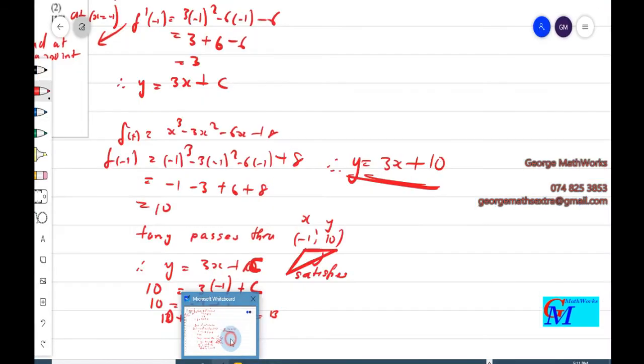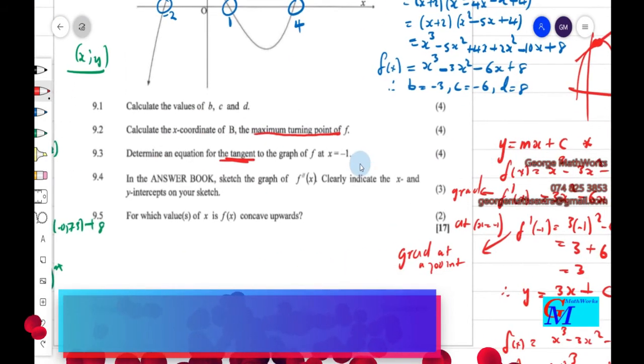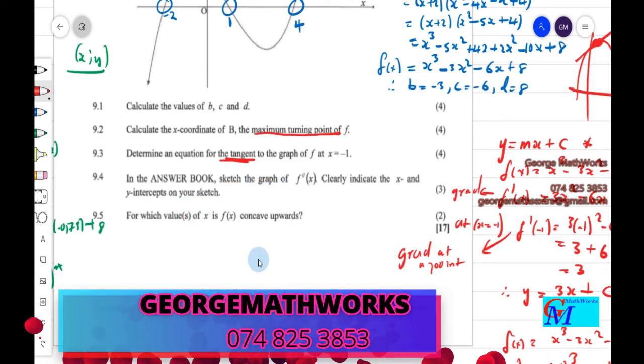Now, the next thing that the question required was to sketch the graph of the second derivative. So if we now want to answer 9.4, we can say that f of x is equal to x cubed minus 3x squared minus 6x plus 8.